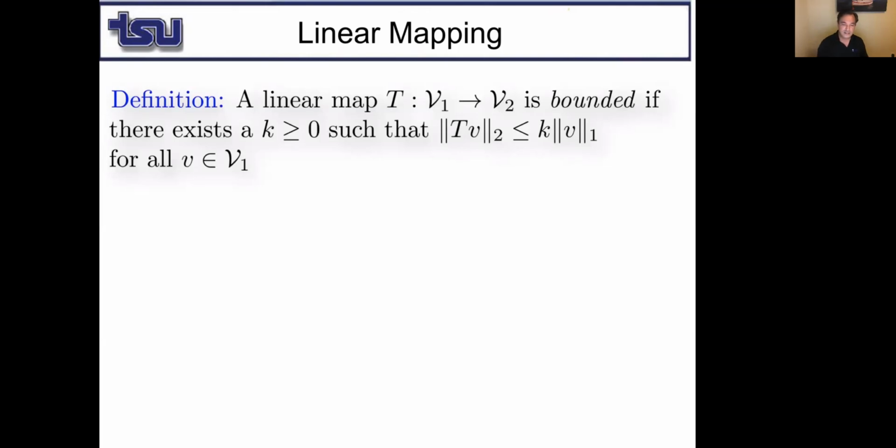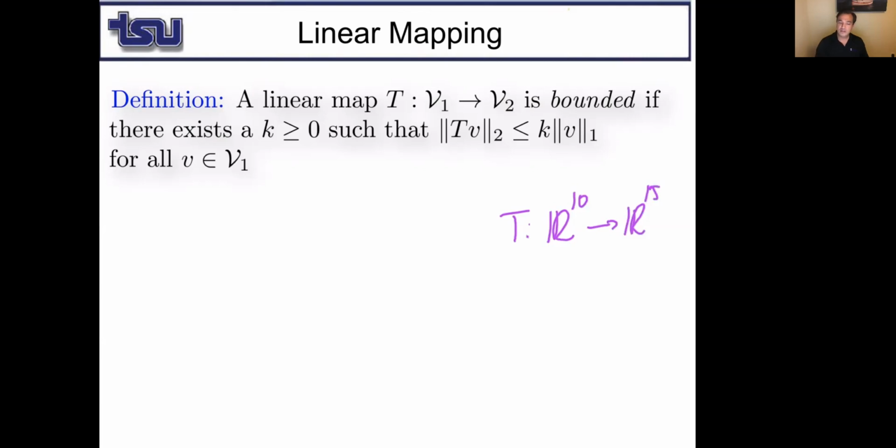We say that this linear map is bounded if we can find a number K such that, look at this, first of all, I hope you understand this. Let's assume, I'm just making this up, T is from R^10 to R^15.